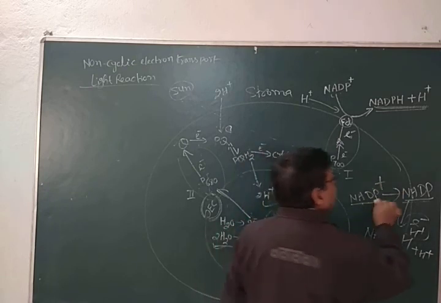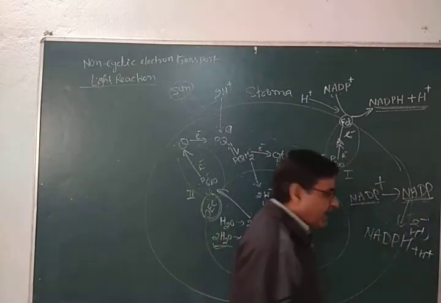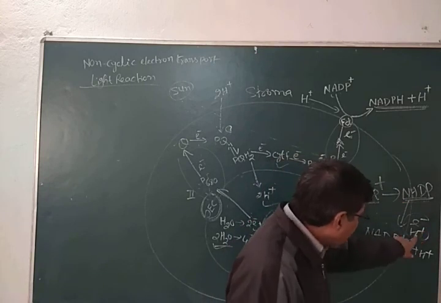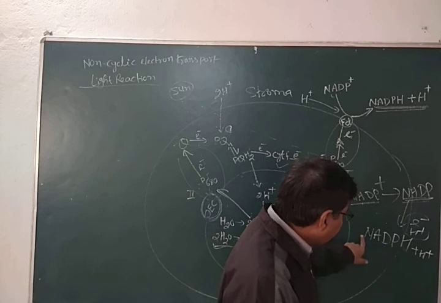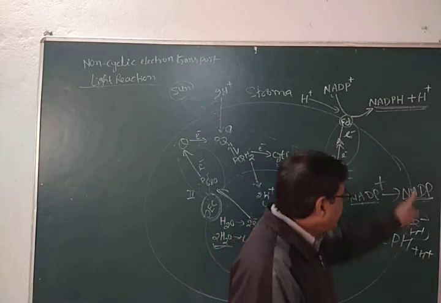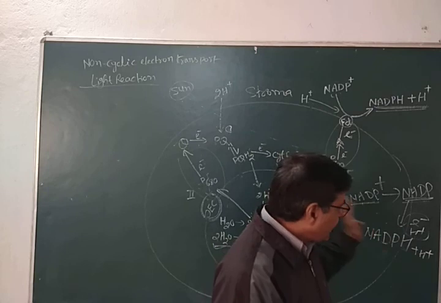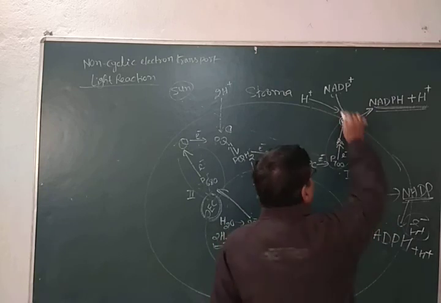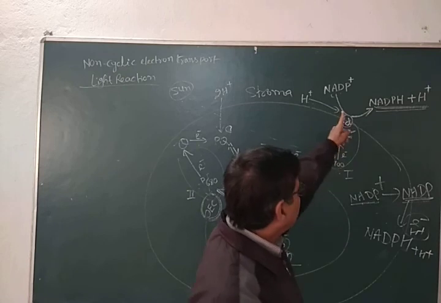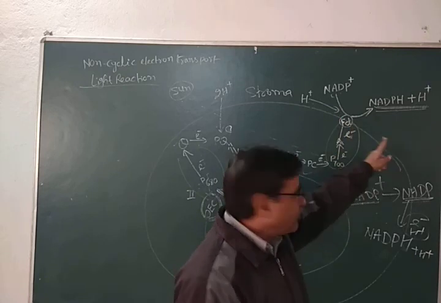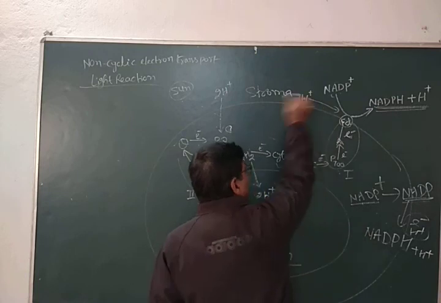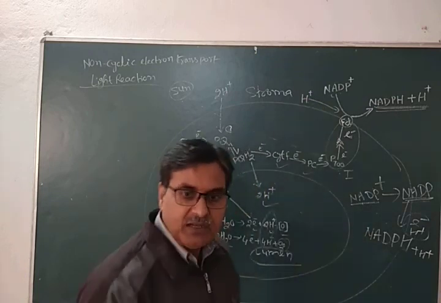One electron is required to change into NADP. After that, to form the NADPH, it requires one electron and one hydrogen proton. Then again to form the H plus, it requires one more hydrogen proton. Means to change this NADP plus into NADPH plus H plus, it requires two electrons and two protons, and that electron comes from photosystem 1, and the hydrogen proton comes from the stroma.